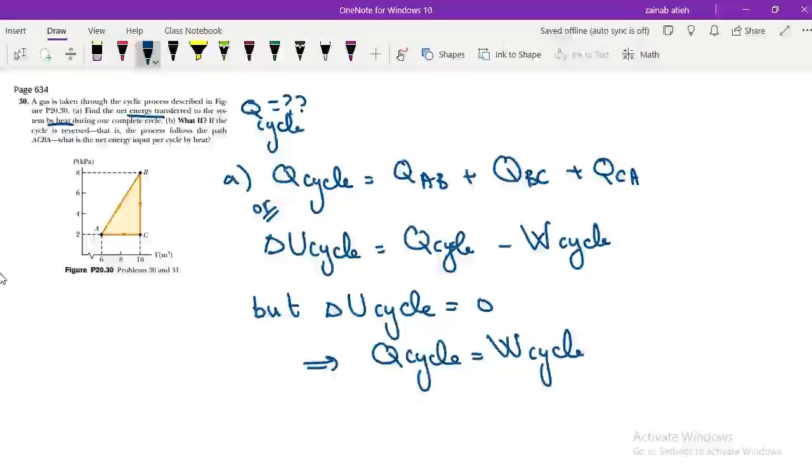I said before that if I have a cycle and I'm going to calculate the work of a cycle, I can either use the formulas if I know the processes, and if I don't know the processes I can use the area.